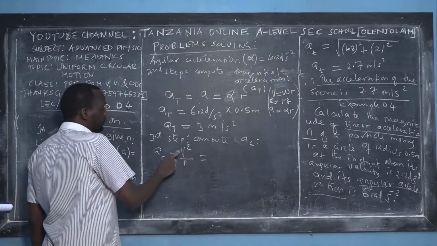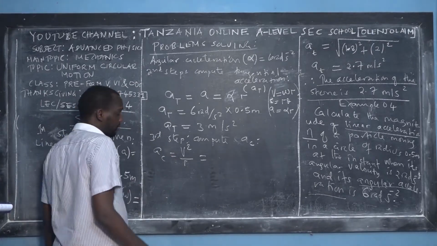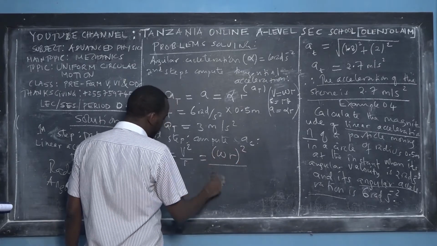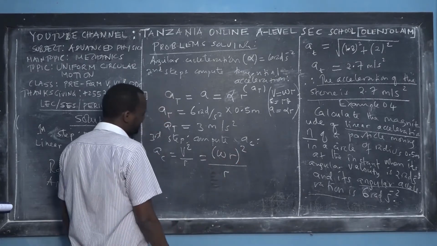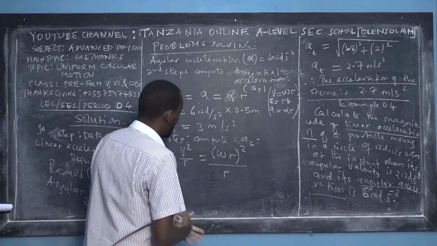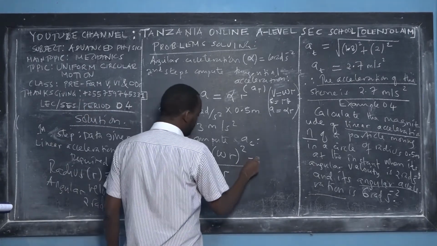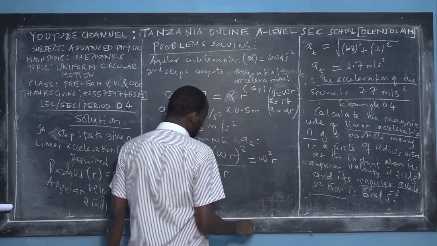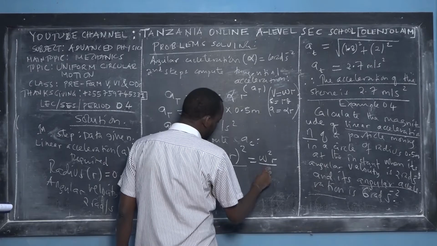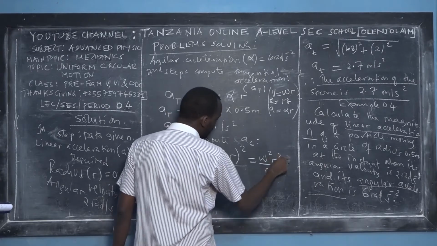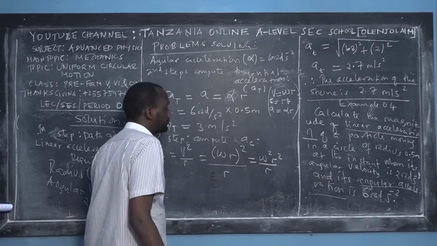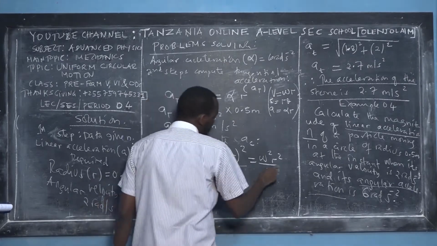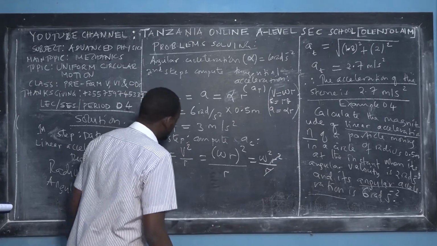The other ones we get from the definitions. Linear velocity v is angular velocity times radius. So v squared over r is equal to angular velocity times radius, all squared, over r. Then one r cancels with one r.